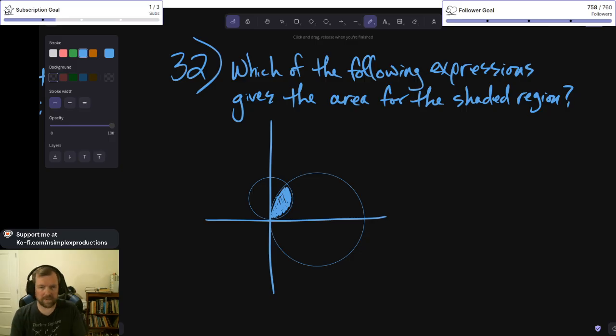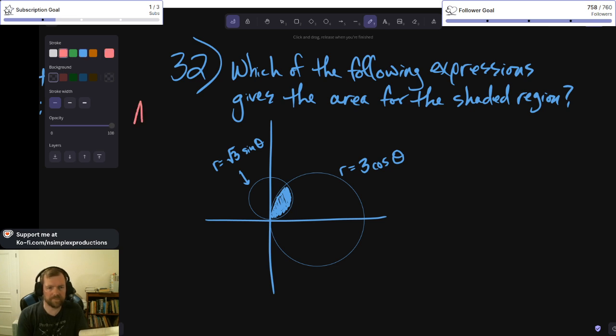I also didn't list the actual equations. And may as well, right? That's going to be hard to do. A, B, C. That was a terrible idea. D, E.